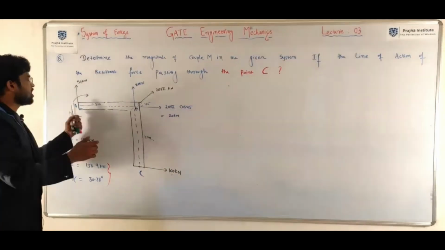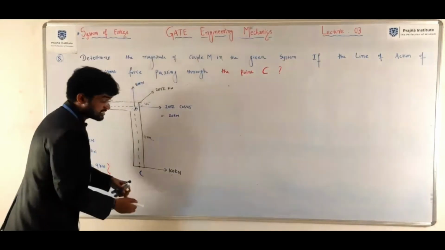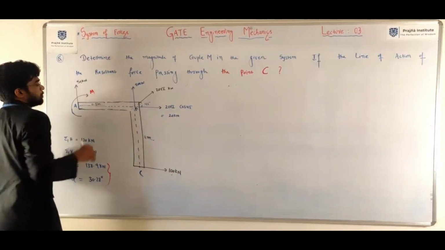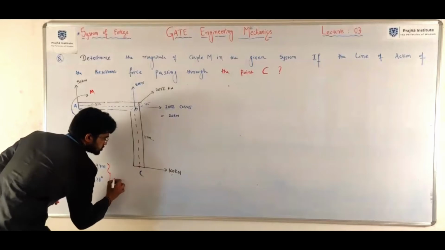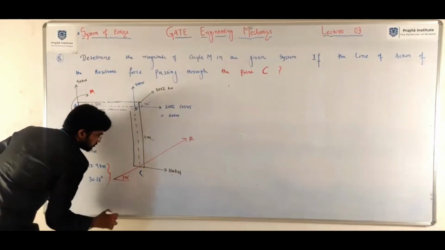The location of the line of action of the resultant force is changing. For the corresponding line of action of the resultant force, the magnitude of the couple is changing. Okay, so here what is given? Line of action is passing through this point.